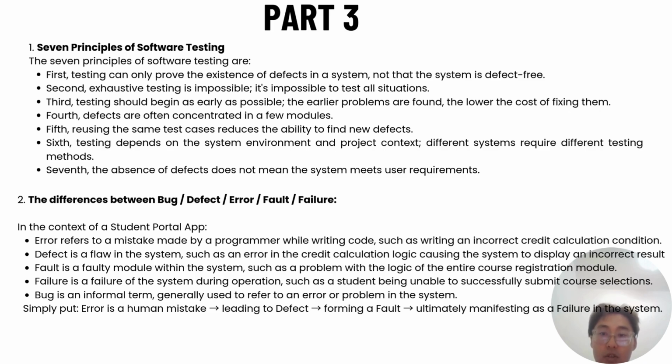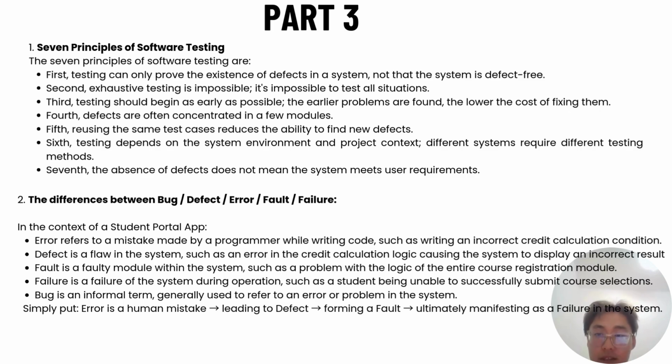Defects are often clustered in a few modules. Repeating the same tests reduces the ability to find new defects. Testing depends on the system environment and project context. The absence of defects does not mean the system meets user needs.